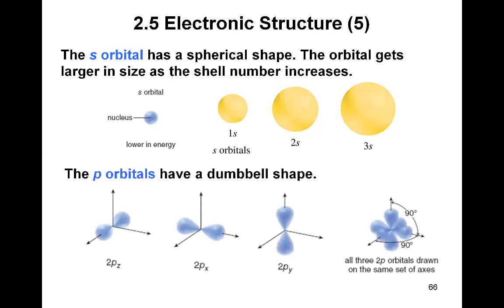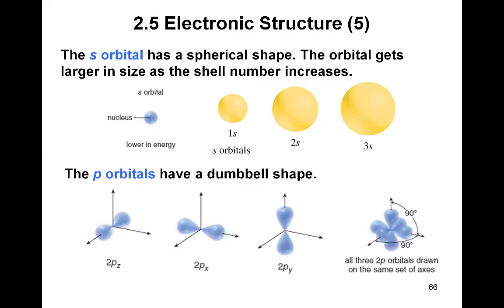The p orbitals have a dumbbell shape. There are 3 p orbitals, and so 3 dumbbell shapes centered, aligned along the z-axis, the x-axis, or the y-axis. If you put them together, it gives the drawing to the right, where all dumbbell shapes are put together and centered around the nucleus.